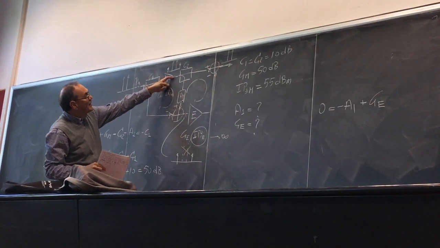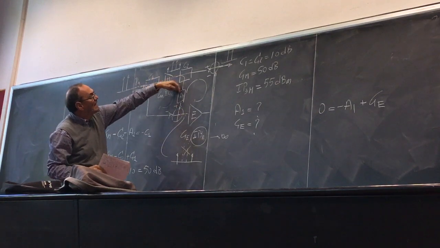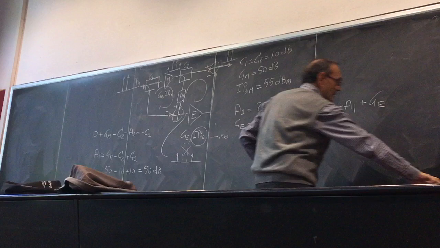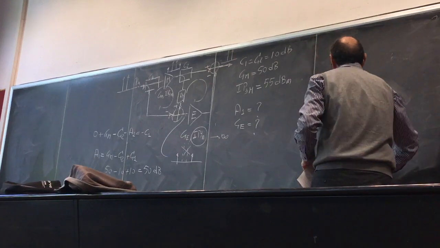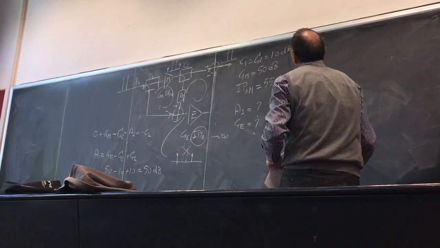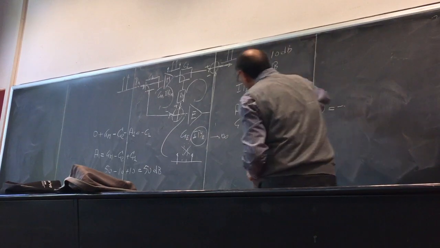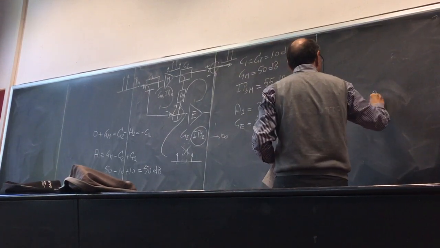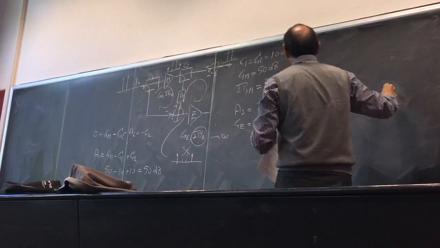Actually, in order to arrive here, we have minus C2, minus A1, plus GE.